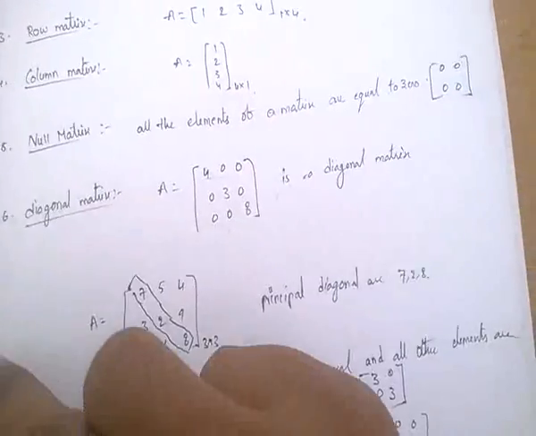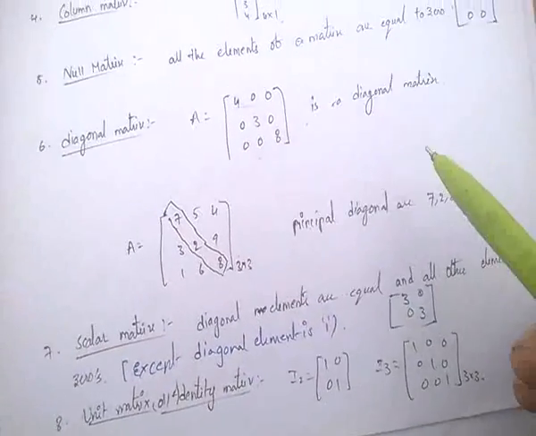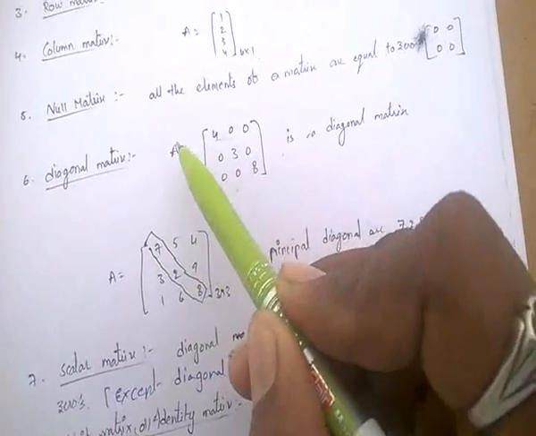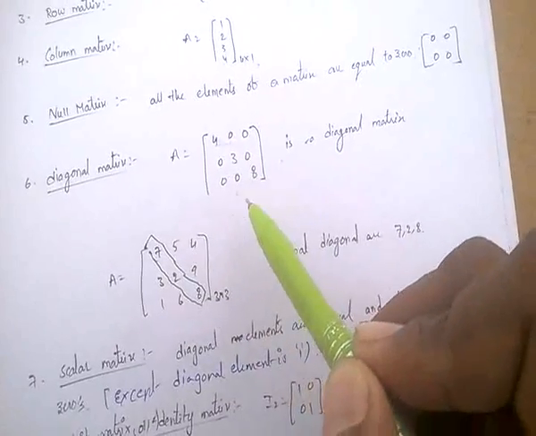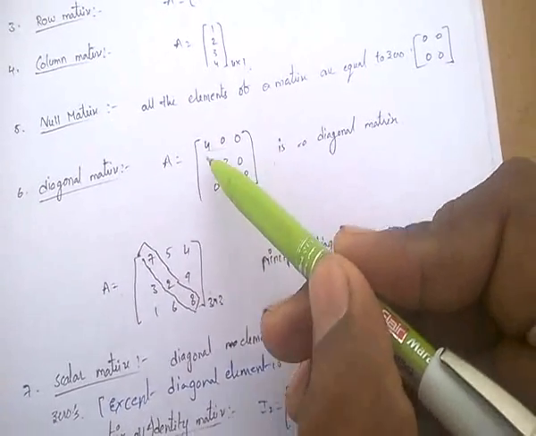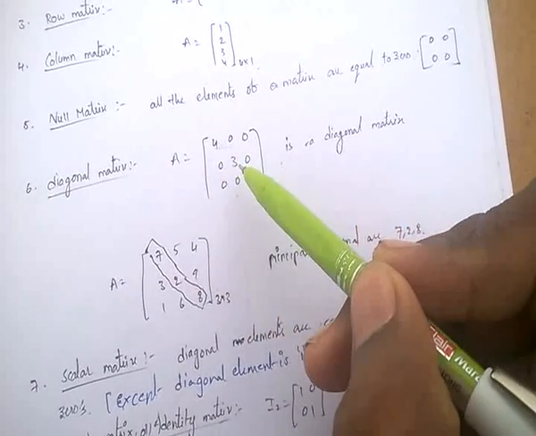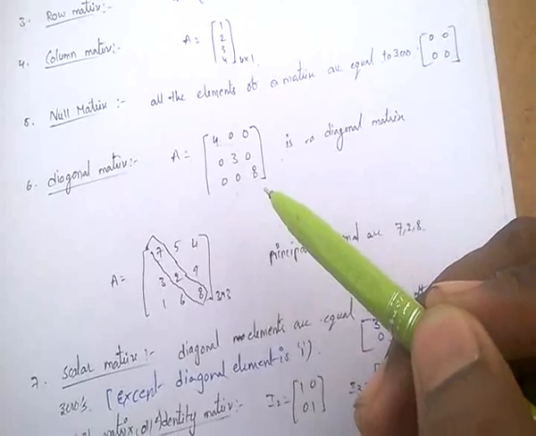Okay. Diagonal matrix. Diagonal matrix means, for example, A equal to some matrix elements. This cross section is called the diagonal. That means the first element in the first row, second element in the second row, third element in the third row.